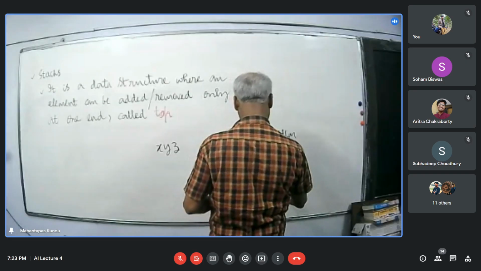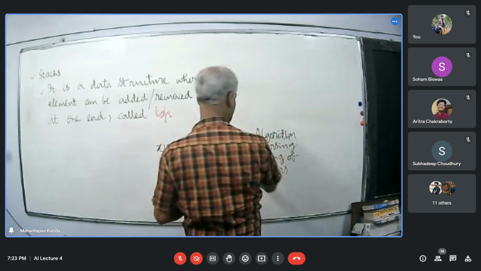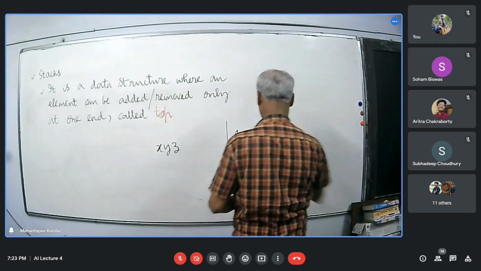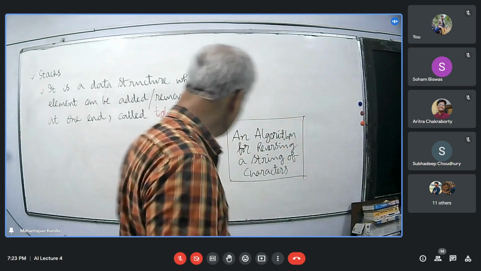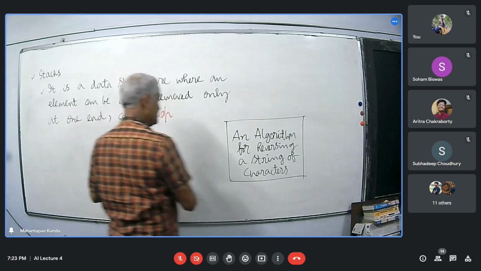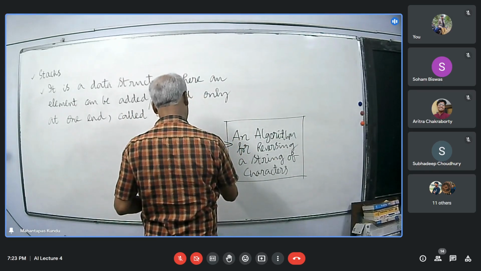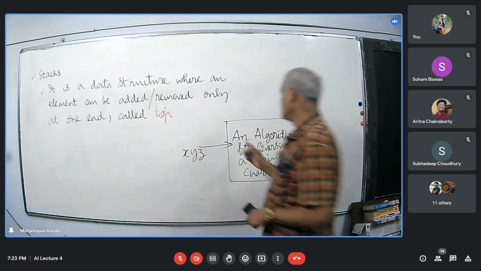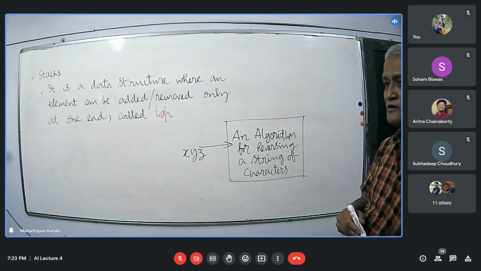String of characters. If we want to do this, and if X, Y, and Z is the input to this algorithm, what will be the output?